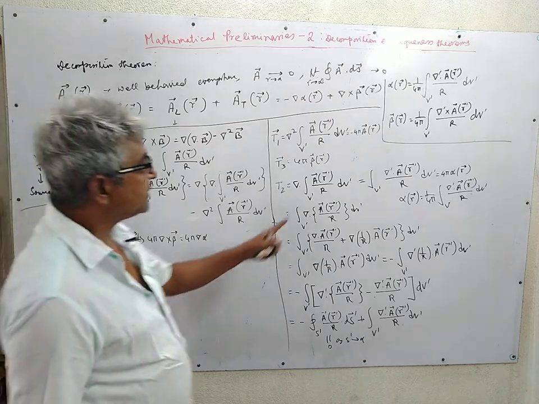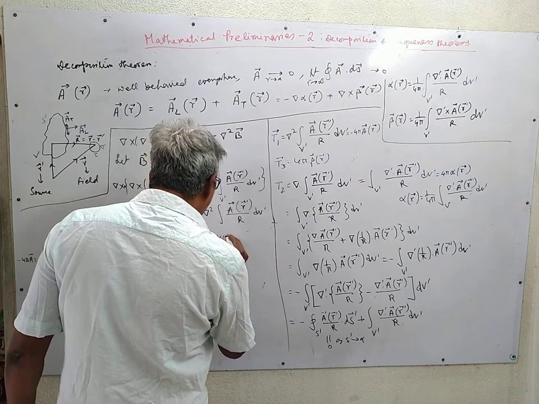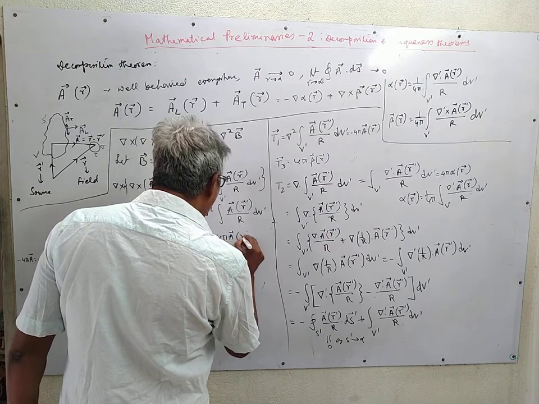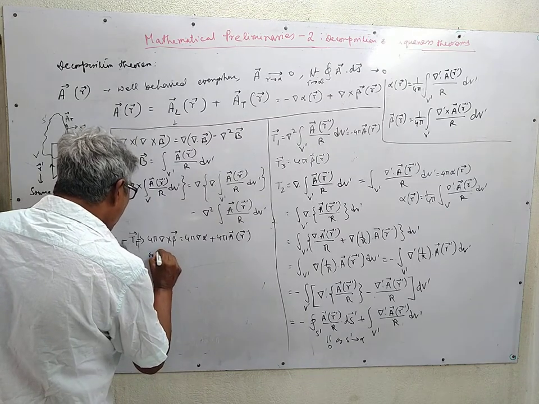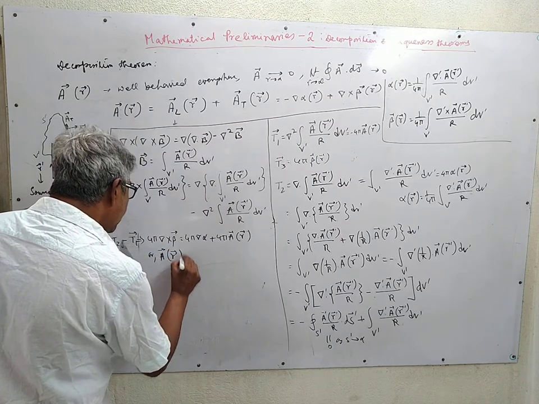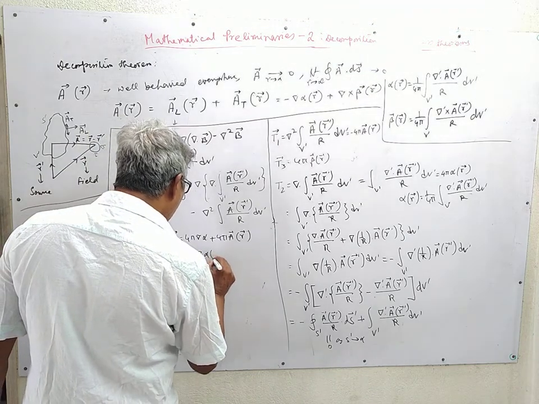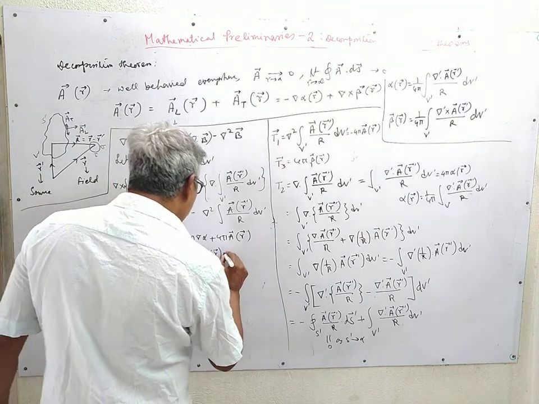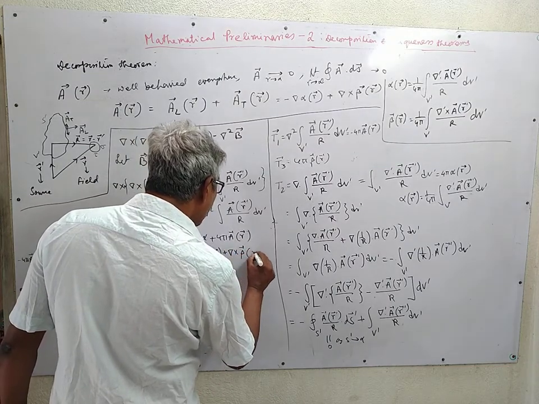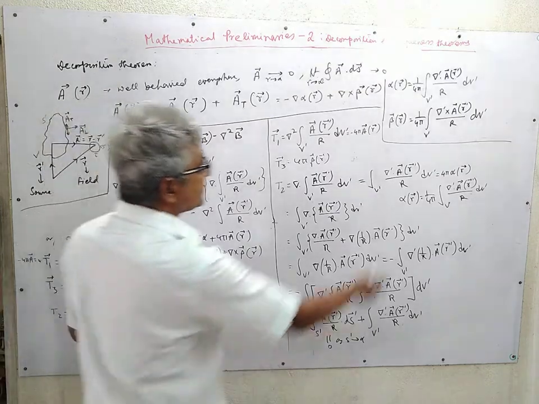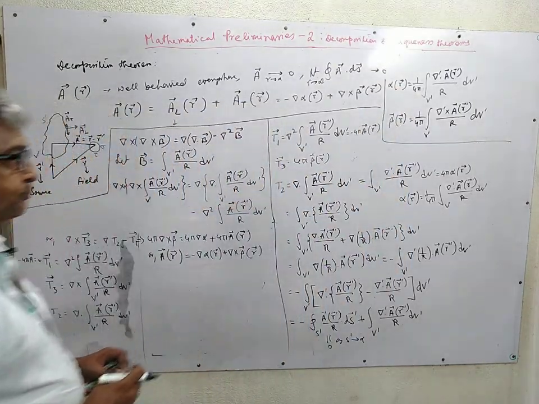Minus T1 is, there is a minus, so this is 4 pi A of r, or we get A of r is equal to minus grad of alpha of r plus curl of beta of r, where alpha is given by this relation and beta is given by this relation.